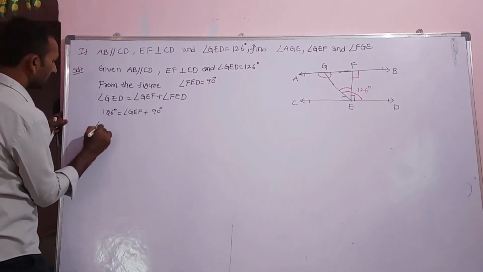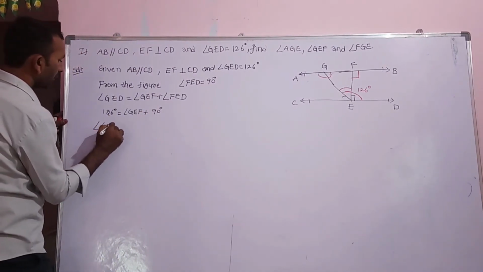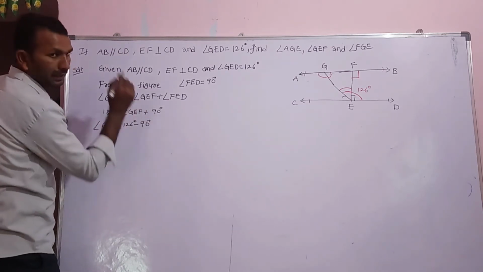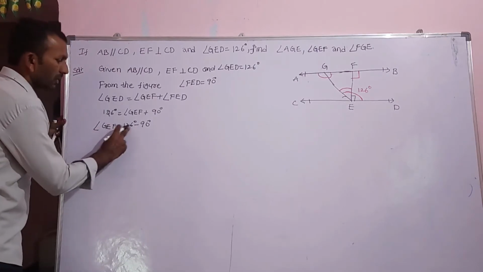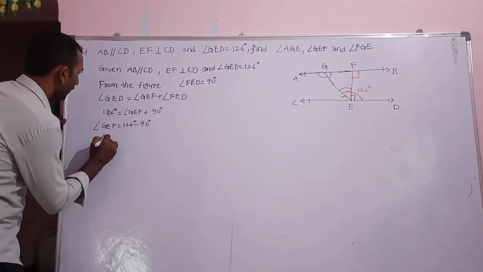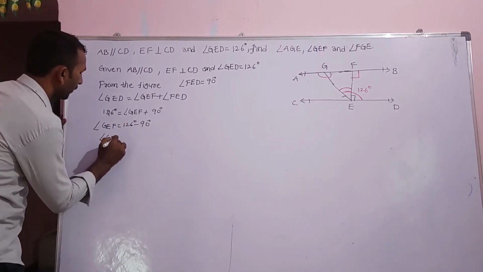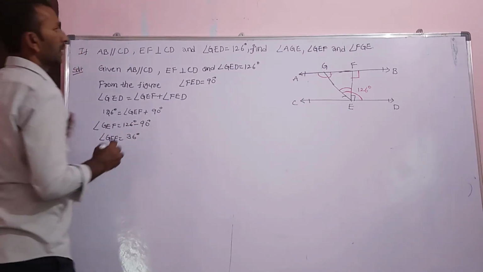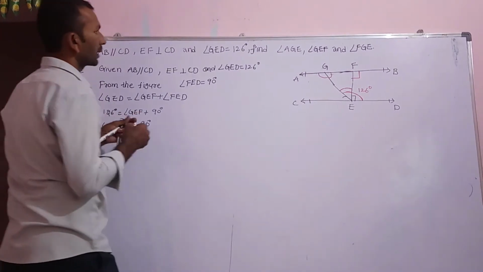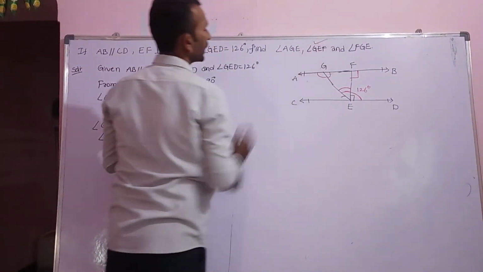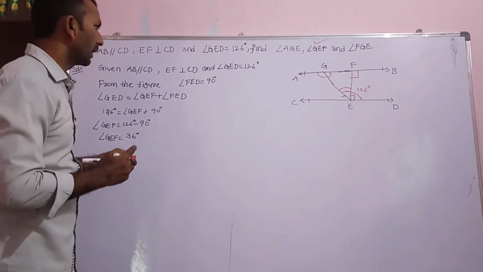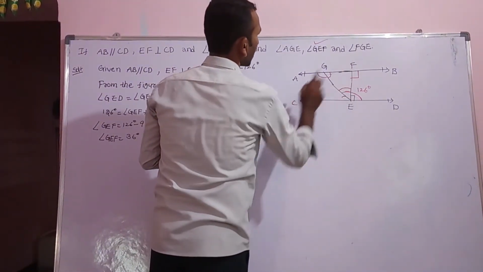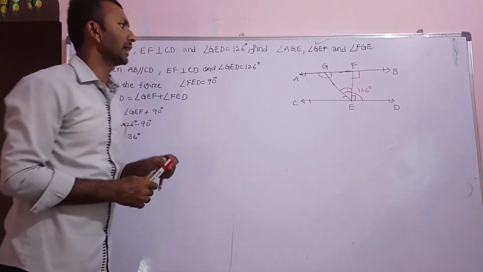So angle GEF equals 126 degrees minus 90 degrees, and angle GEF equals 36 degrees. First one, angle GEF, we got.